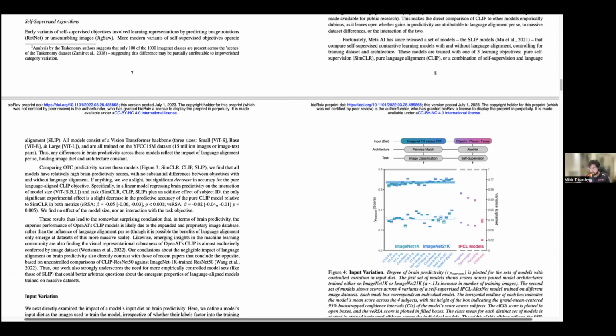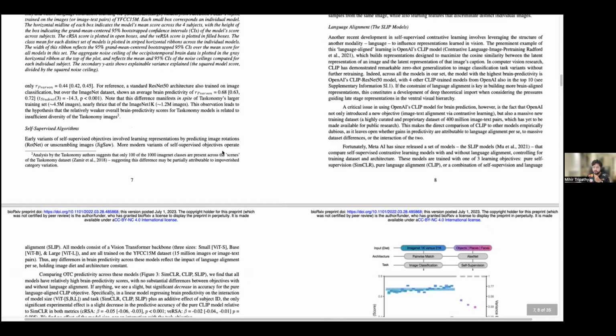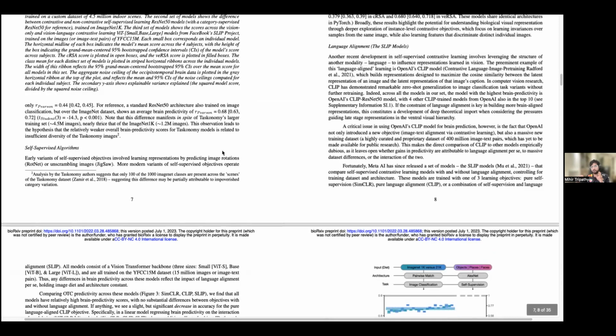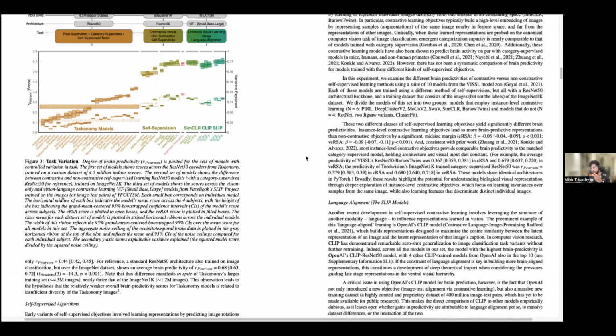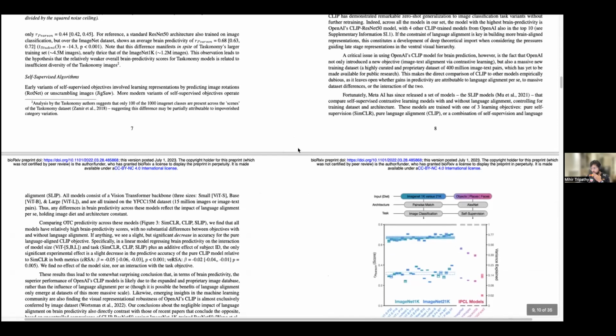Yeah, so basically we don't really know if these models have a good alignment between image and the text, right? Okay. Yeah, that's a fair thing.